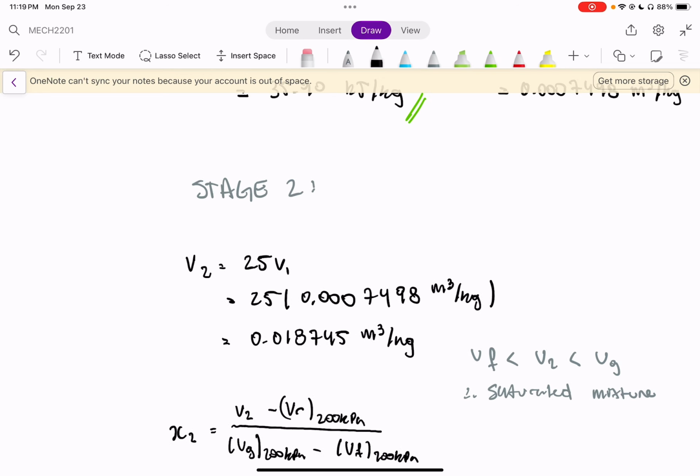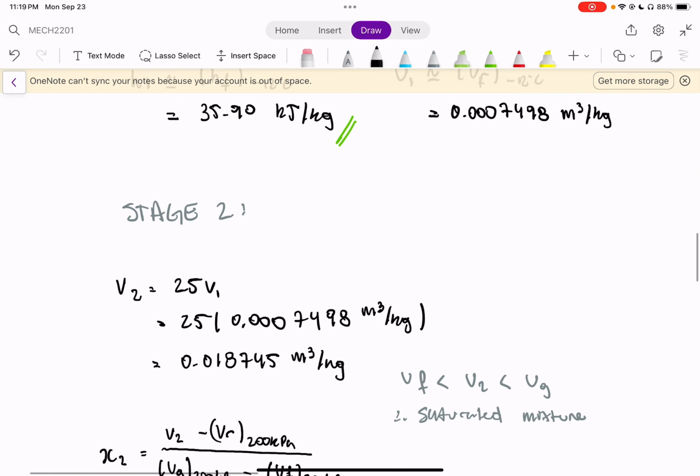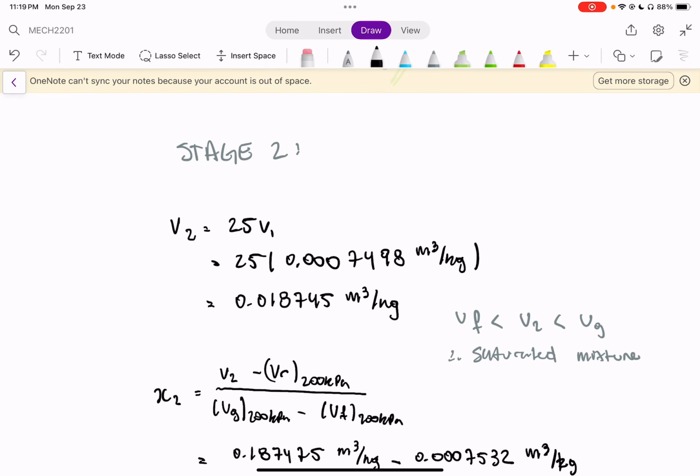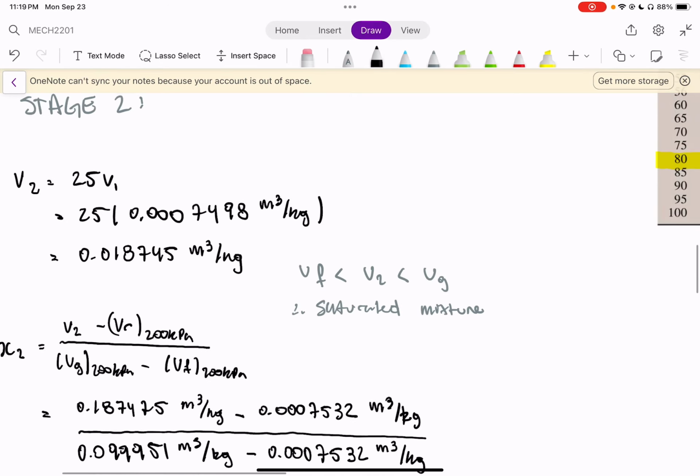In stage 2, volume 2 equals 25 v1 as given by the initial condition. So 25 times v1, which is this number given right here, we would get 0.018745 meters cubed per kilogram. And we know that we're in the saturated mixture region because vf is less than v2, which is less than vg.